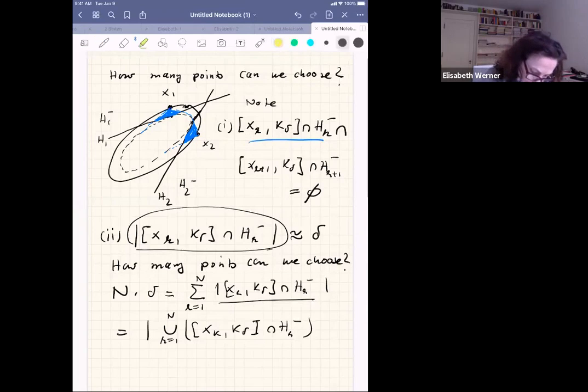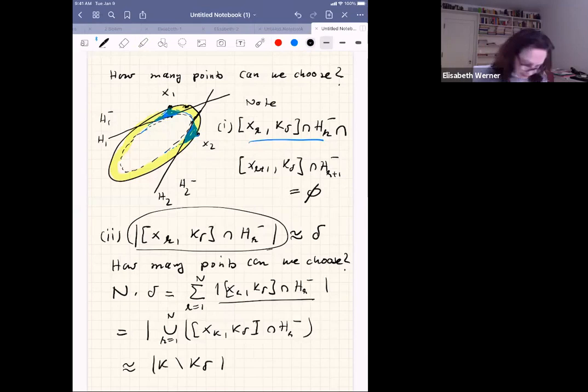When the volume of these cones fills up all the set that is the difference between K and K delta, that's when we have to stop, when this is of the order of the volume of K minus K delta.